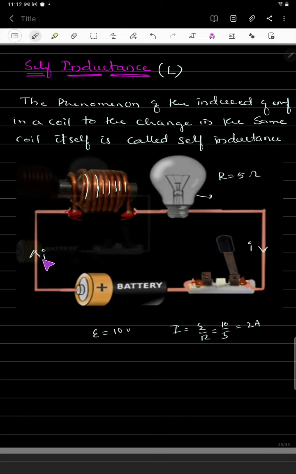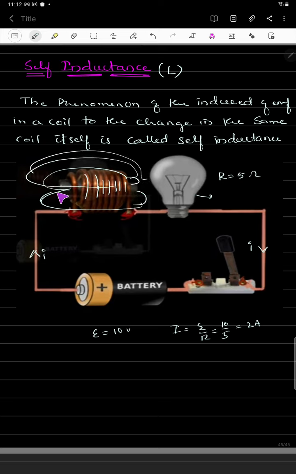If the current is flowing from 0 to maximum, magnetic flux is generated. If the current is maximum, the magnetic flux is maximum. If the current is minimum, the magnetic flux is also minimum. So the magnetic flux depends on the current, giving phi directly proportional to I.